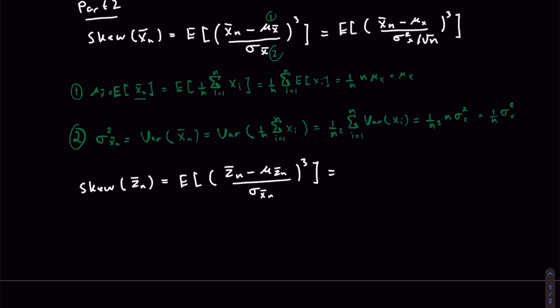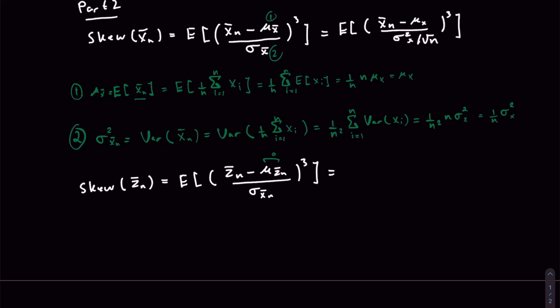Now, for mu, because it's standardized, we know that it should be 0. So let me just write this as 0 here. However, for the variance, it's not necessarily 1. So let's go ahead and calculate what that term is.